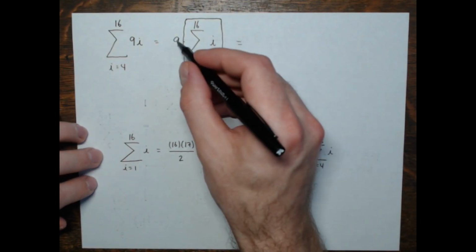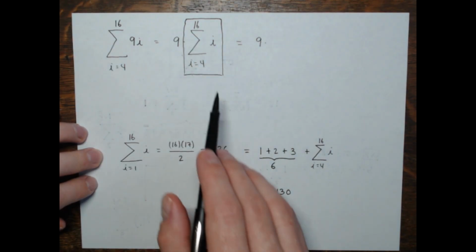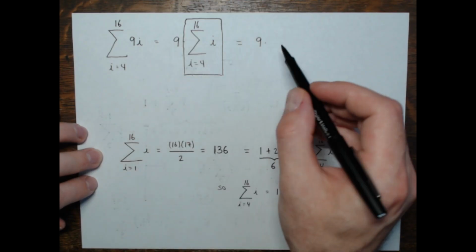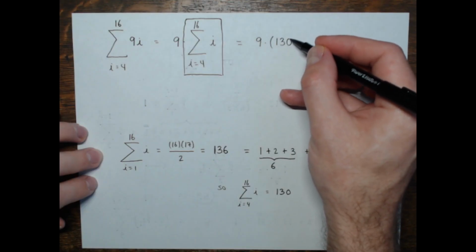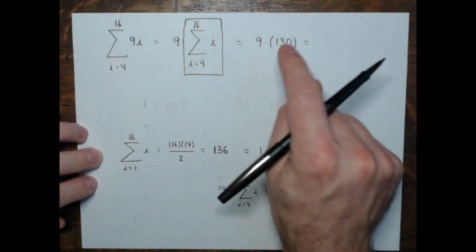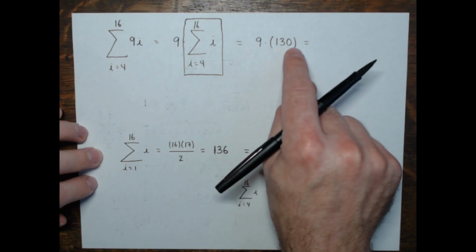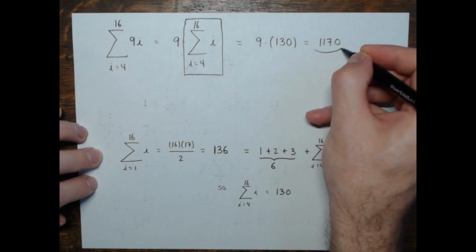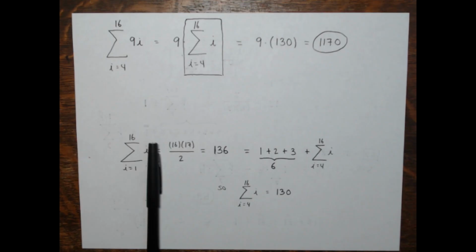So this ends up being 9 times, and then we saw just now, this sum from 4 to 16 is 130. And 9 times 13, 90 and 27, that's 117 with a 0, so 1,170 for the value of this sum.